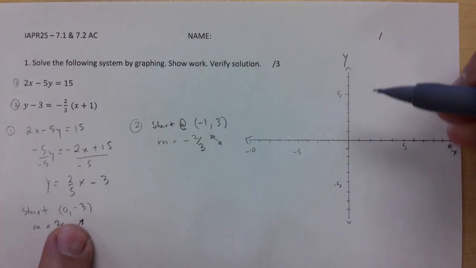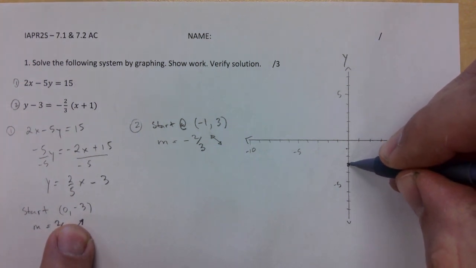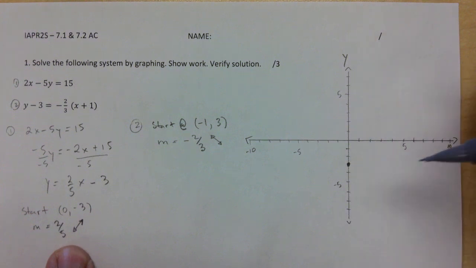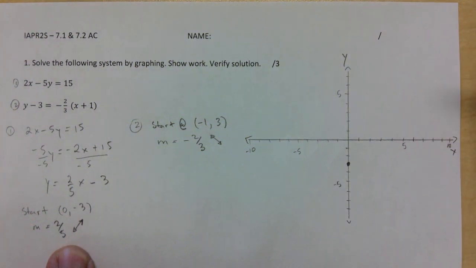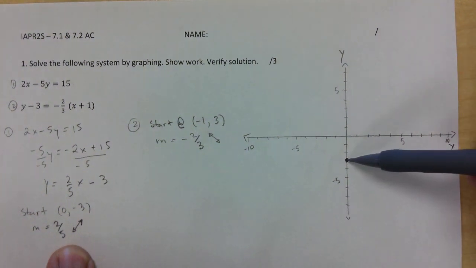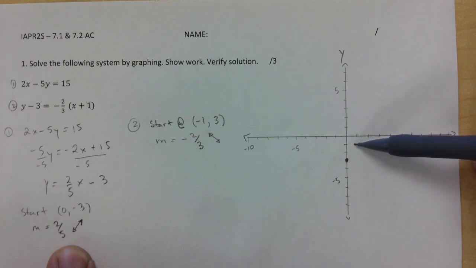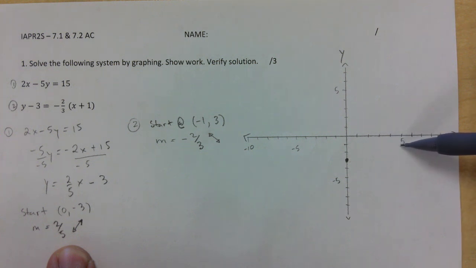And so we're going to start with this one. (0, -3) puts me right there, and I'm using a slope of 2/5. So you've got to be careful here. You're going to go up 2 over 5. So that would put me right here. If you wanted to do another, you go up 2 over 5. That would be right there at 10.